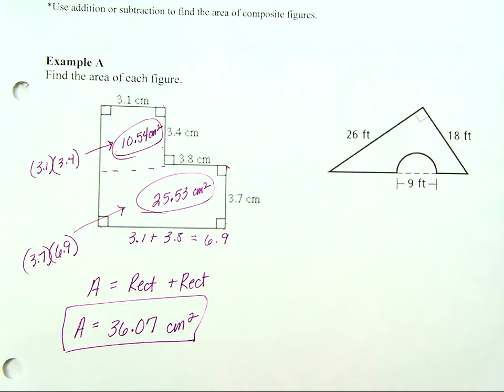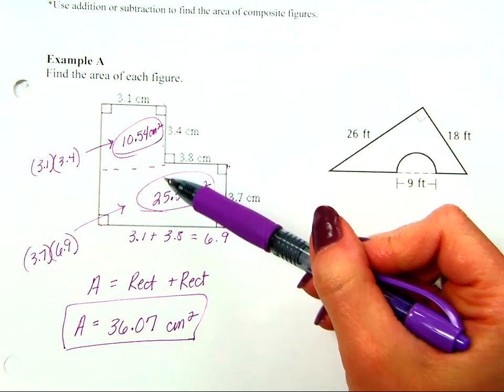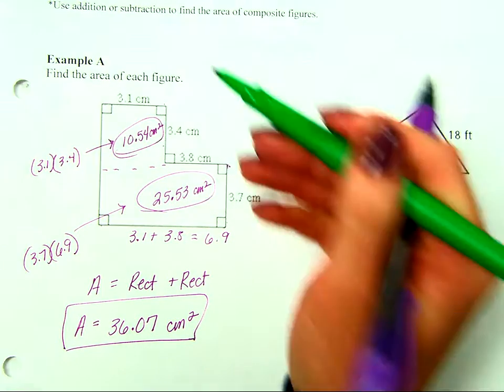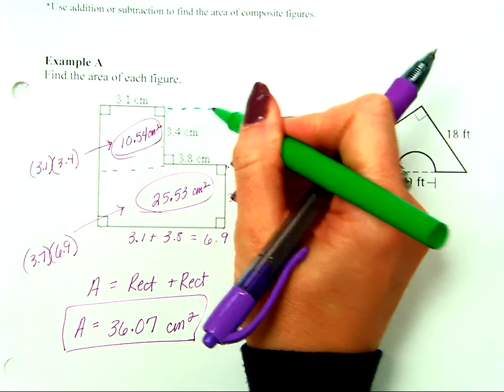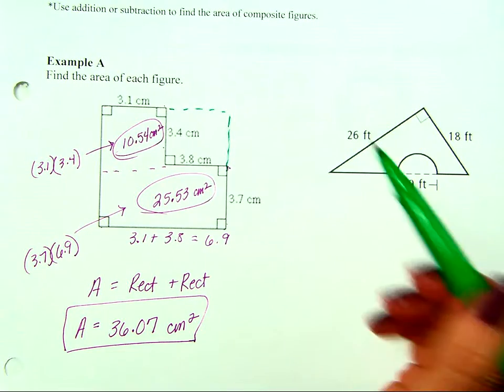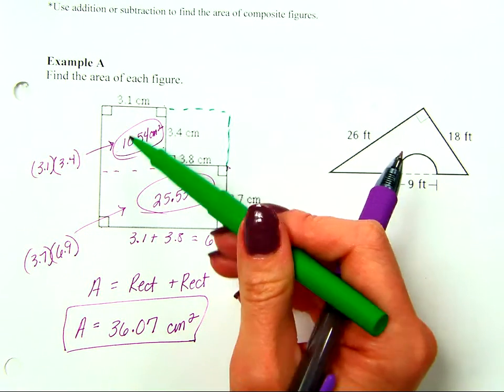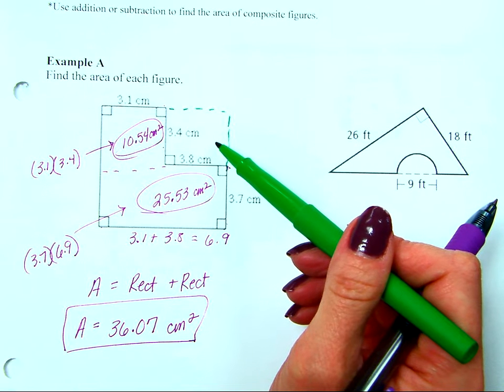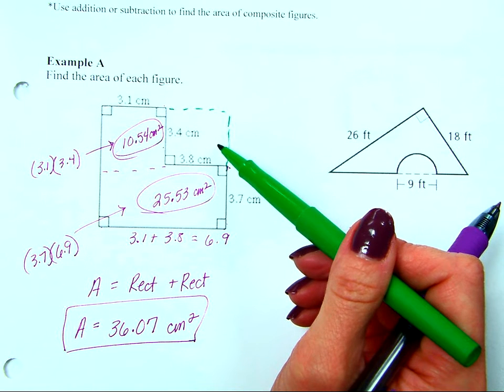Now, as I said before, that's not the only way that you could do that. You could have split your figure going vertically, or you could have extended, and found the area of the whole figure and subtracted out this rectangle right here.